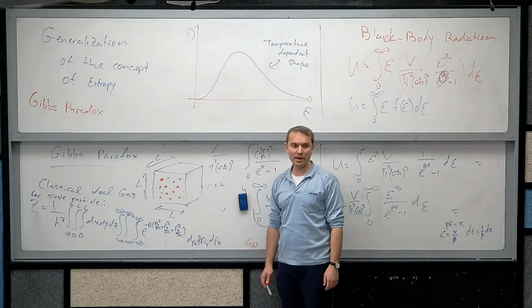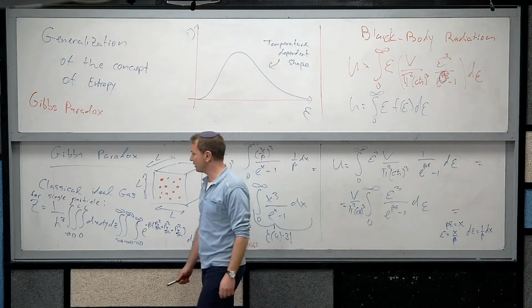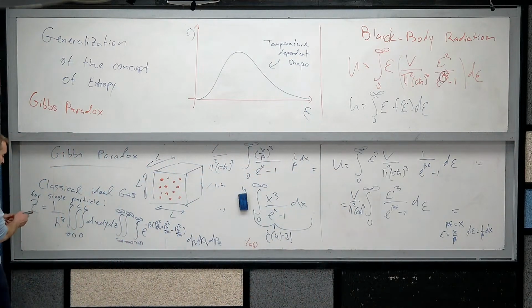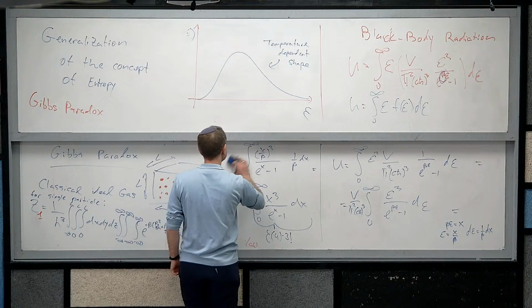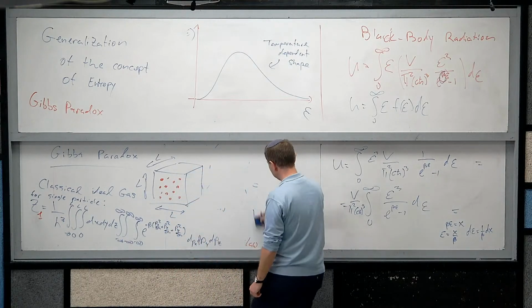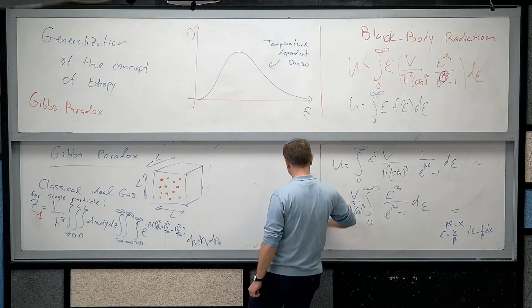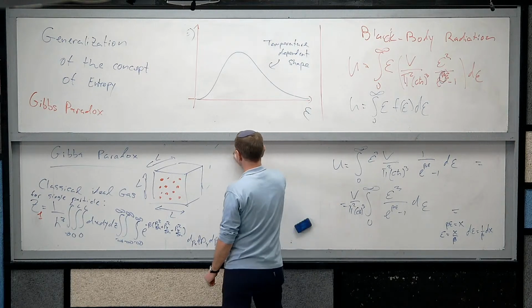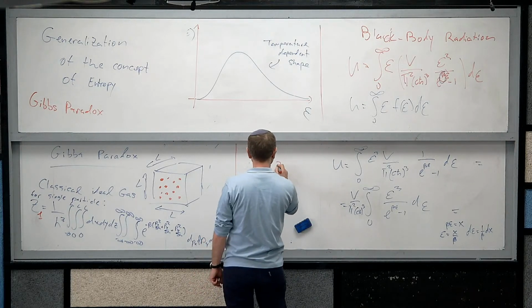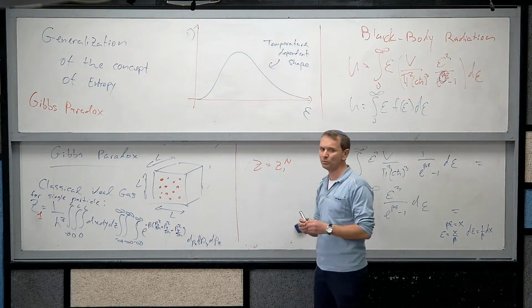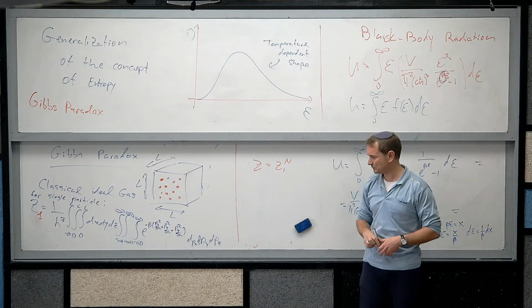And because they are not interacting, I can compute Z1, the partition function of a single particle, and afterwards, the total partition function is going to be Z1 to the power N, because all the particles are identical.